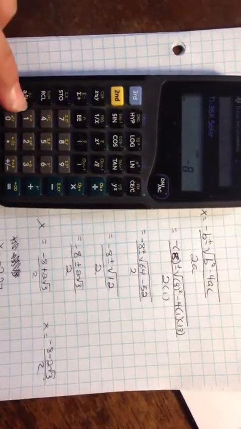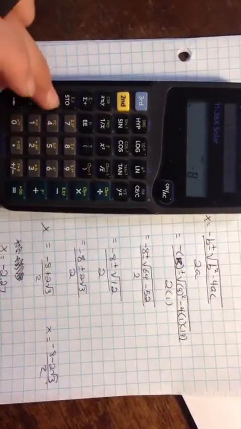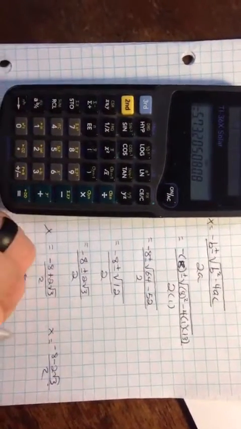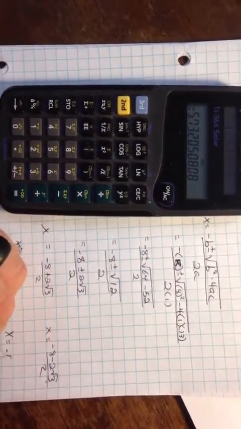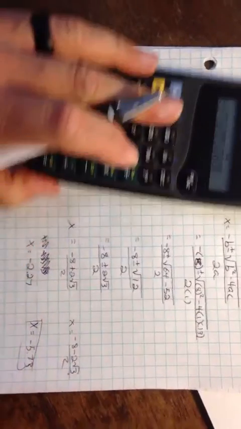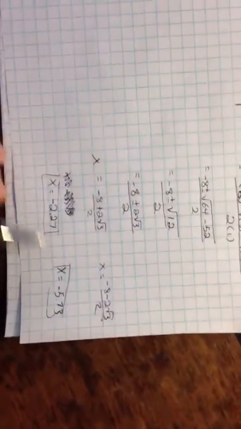So, -8 minus, recall 1. Is that divided by 2? Okay, so, Lordy. All right, so here are my 2 roots.